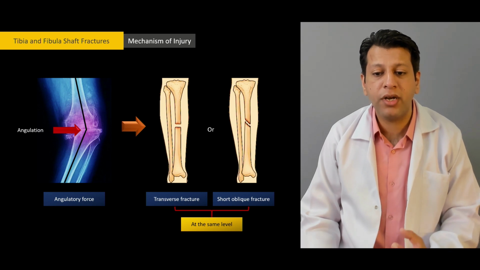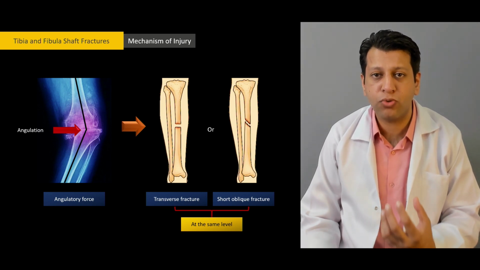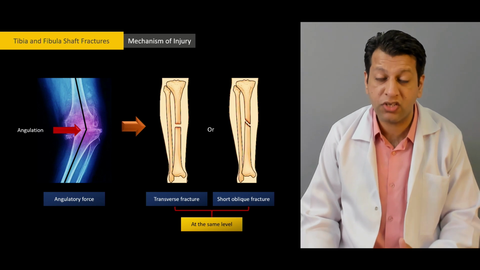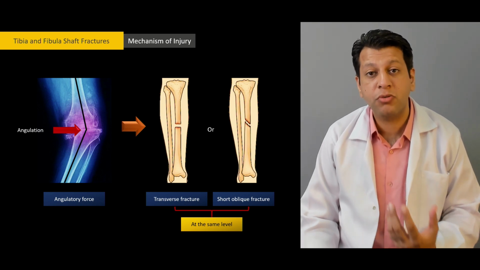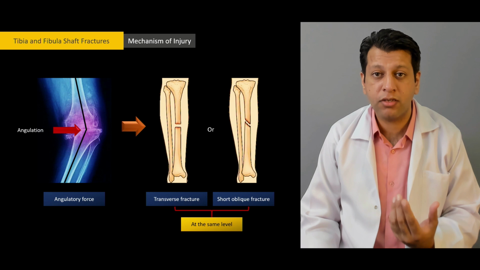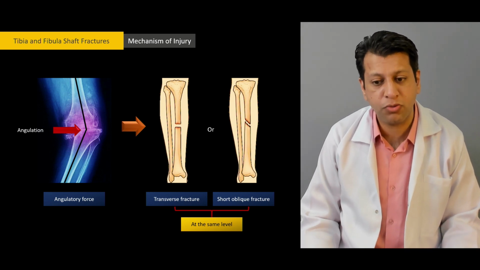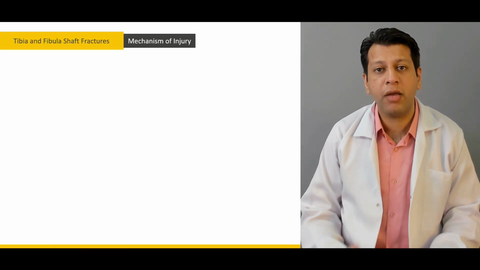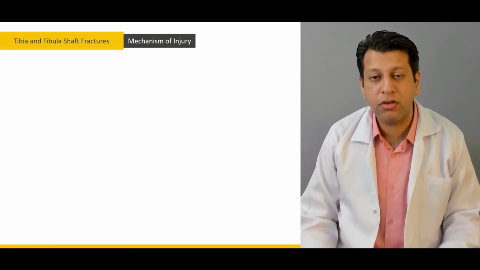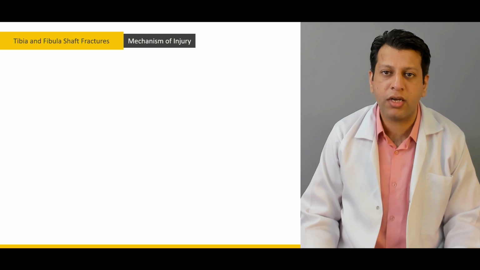But the one point is, in that case, both the fibula and the tibia fracture at the same level. But when a twisting force is occurring, the tibial shaft fracture and fibula fracture may be at different levels, depending on whether a counterclockwise or clockwise force was acting on the tibia.